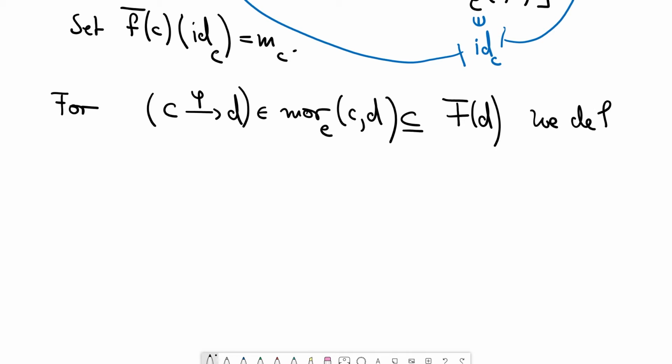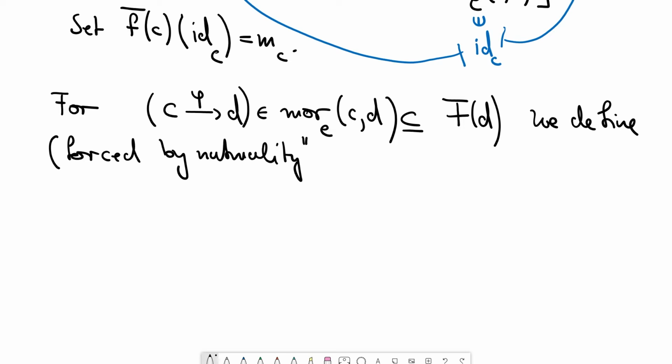We define, forced by naturality, F bar D, so that's a map now of R modules, applied to this element.